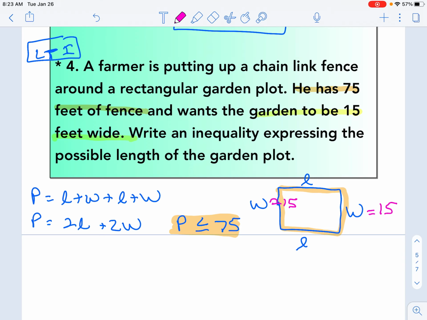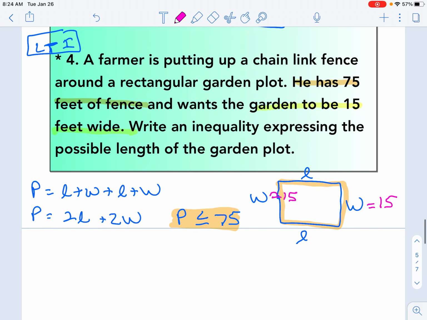Now, some of you could probably guess and check your way through this, but again, we're leading into ones that can't really be guessed and checked if we're looking at decimal answers. So we're going to show you how to do this with an inequality. So I can now fill into this perimeter that my width is 15.